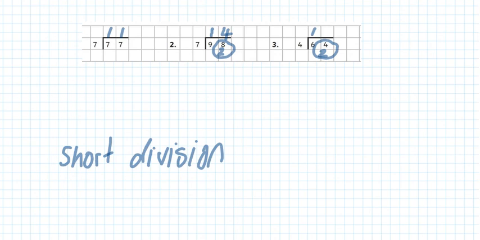How many times does 4 go into 24? So if I go 4, 8, 12, 16, 20, 24. 1, 2, 3, 4, 5, 6. It goes in 6 times. If I go 4 times 16, it will give me 64.